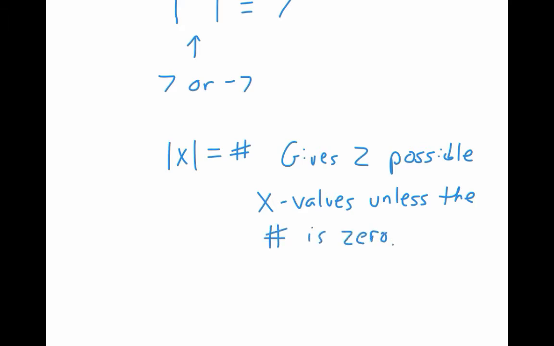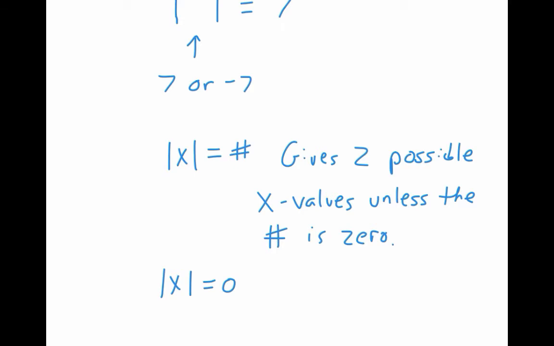Because if you had absolute value of x equals 0, the only possible answer would be 0. There is no negative 0 that you can make positive, it's just that one number.